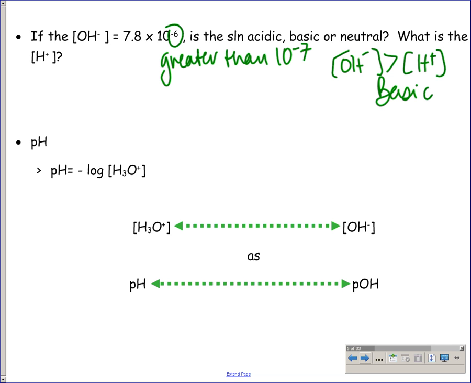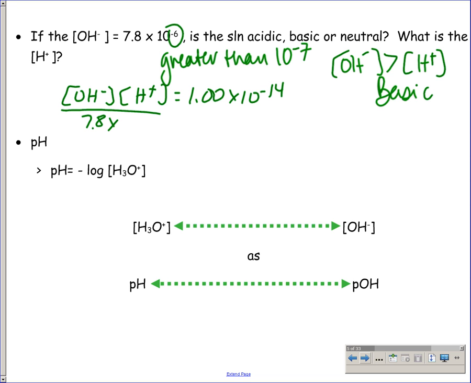You use the ion product constant. So concentration of OH minus times concentration of H plus is equal to 1.00 times 10 to the negative 14th. If you know the OH, you need to divide by that. So 1.00 times 10 to the negative 14, divided by 7.8 times 10 to the negative 6, is going to give you your H plus concentration.